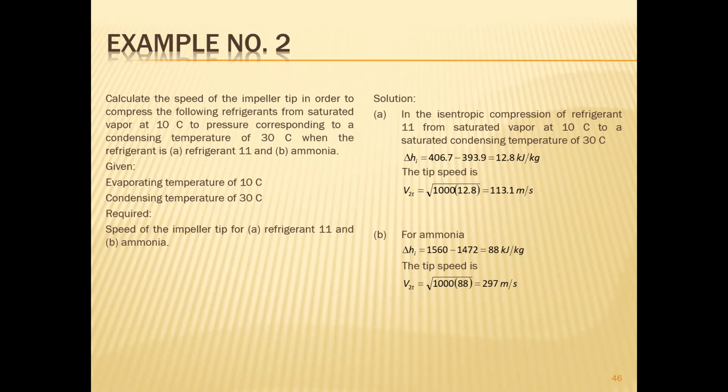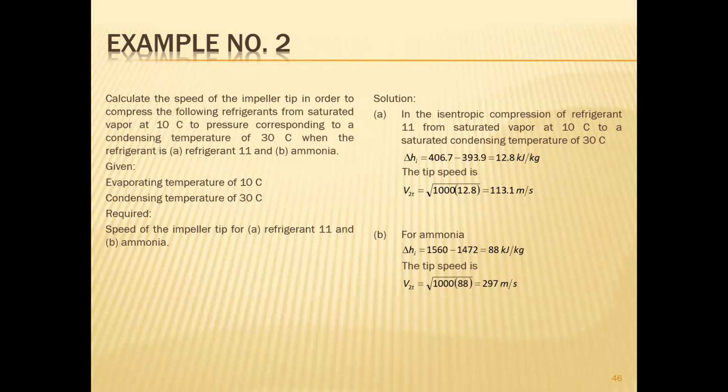So, kinuha ko lang itong format niya sa libro. Yung delta hs, so, saturated vapor 10C, so saka natin ipakita sa revision na lang uli. So 10C saturated, makuha mo yung 393.9. Tapos isentropic mo, then saturated condensing temperature kunin mo doon.